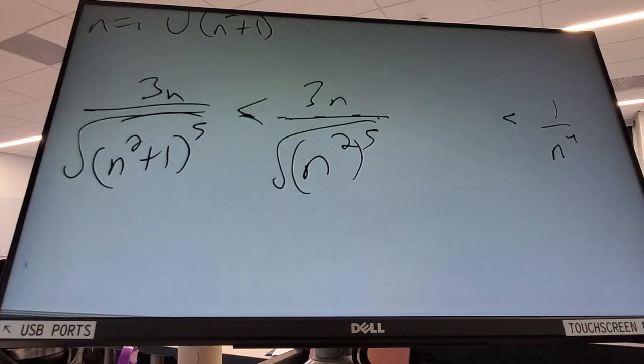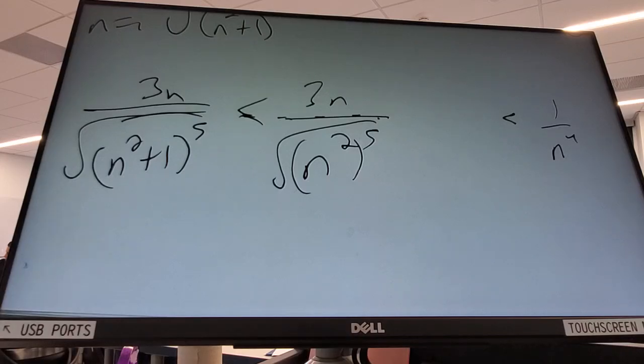You guys see that? So your first step is, what's my gut telling me? Kind of erase some things haphazardly and get a feel for it. Looks like it wants to be 1 over n to the 4. Well, that converges. So I want my inequality symbol to go this way, meaning every step I take, I have to make it bigger.